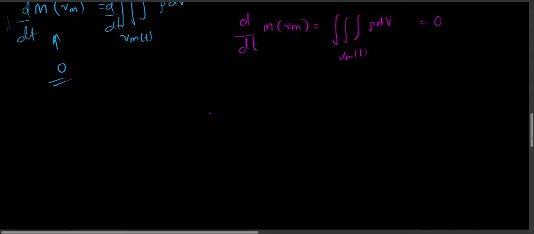Now let's move on to our next tool, which is conservation of momentum. Here again, we know that change in momentum gives us the force. Of course, by Newton's law, dp by dt is force, where p is momentum.